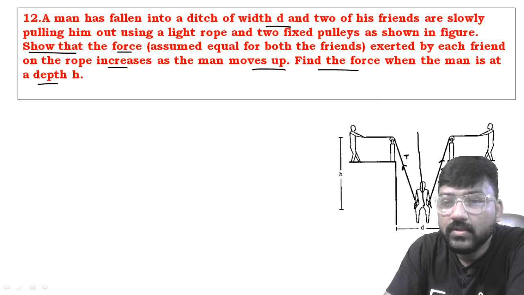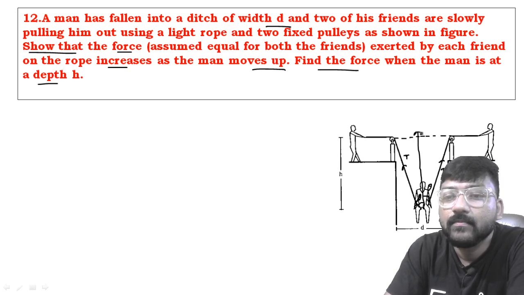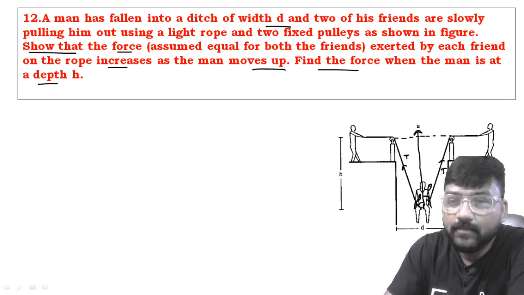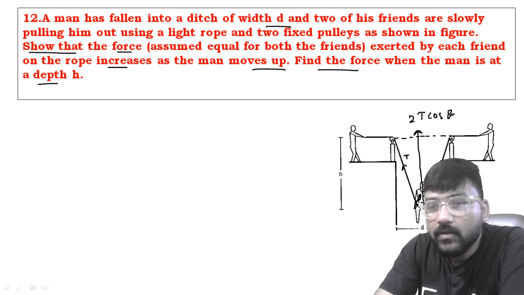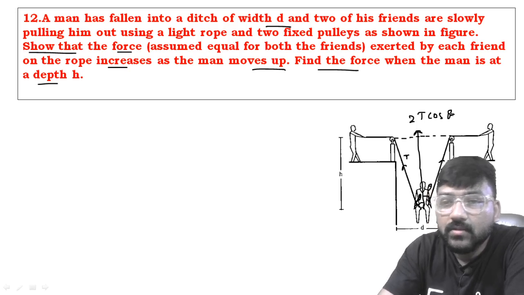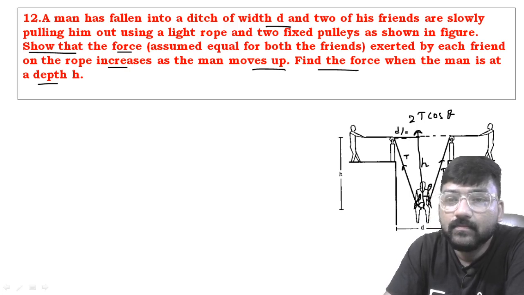Okay, suppose this angle is theta, so this angle will also be theta. So the force that will be acting along this direction will be 2T cos theta. But this is H, at a depth H, and this is the halfway, so this is D by 2.